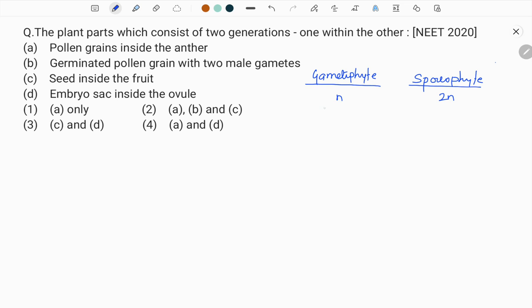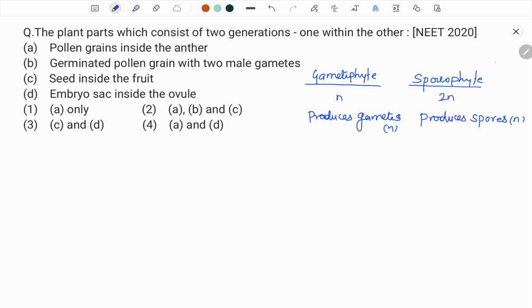So the gametophyte produces gametes and sporophyte produces spores. Spores are always haploid and gametes are also always haploid.